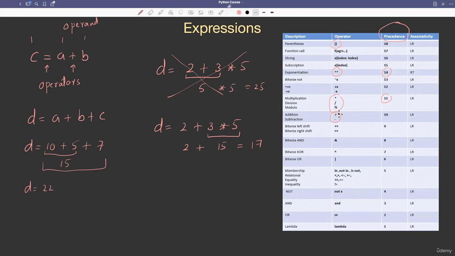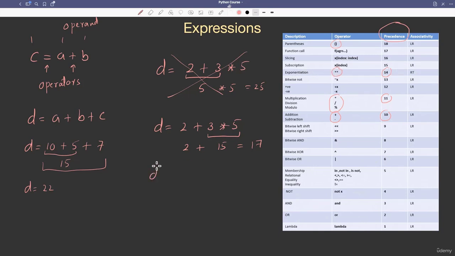These two have precedence 10, which is smaller than multiplication and division. Just like mathematics, multiplication has higher precedence than addition. So first these two are multiplied, then they are added. And if you have an exponent in your expression, that will execute first.